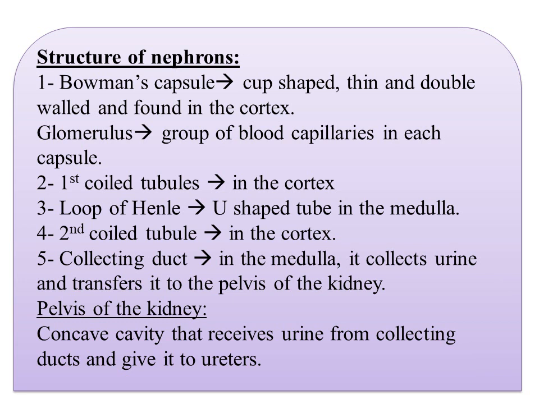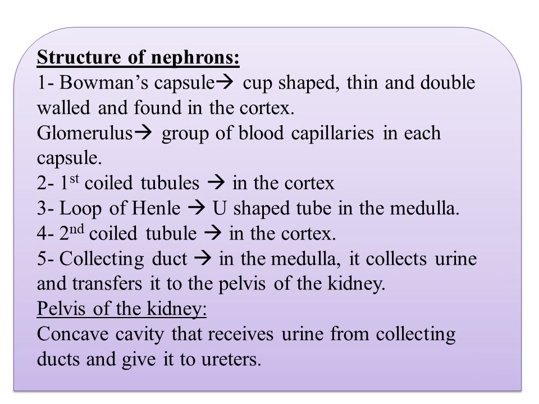Let's talk about the structure of each nephron inside the kidney. Each nephron consists of Bowman's capsule. It's cup-shaped, thin and double-walled, found in the cortex. And inside each capsule is a network of blood capillaries called the glomerulus.